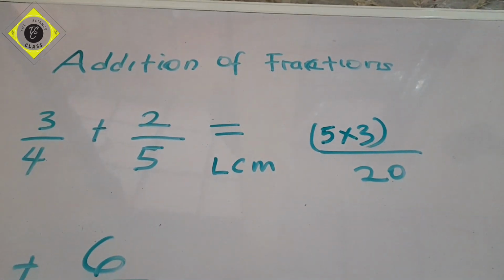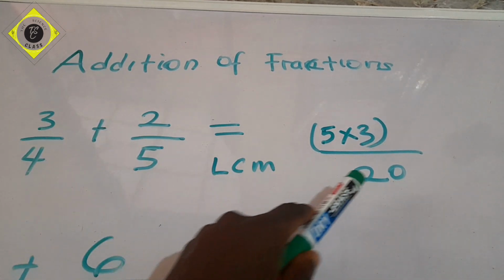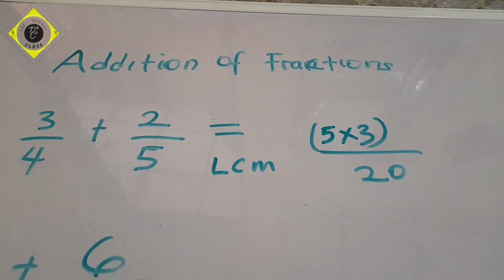If you notice very well, this 4, you divide 20 by this 4. When you get the division of 20 by 4, notice that it is 4 that is under 3, and whatever you get, you now use it to multiply 3.